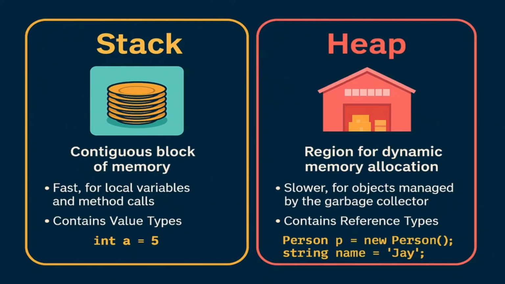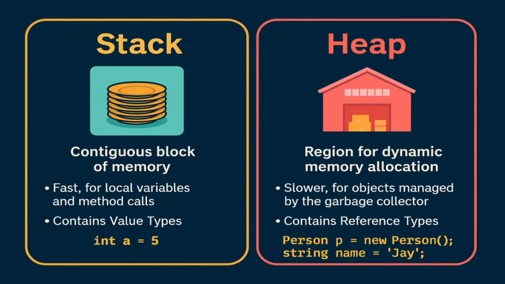So when a method is called, a frame is pushed onto the stack containing its local variables, and the moment the method completes, the frame is popped off and the memory is instantly freed, right? This is where your value types reside. For example, in this case, if you see int a equal to 5, the variable a and its value 5 are on the stack.